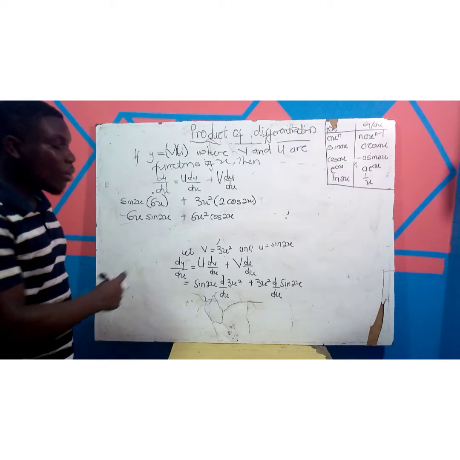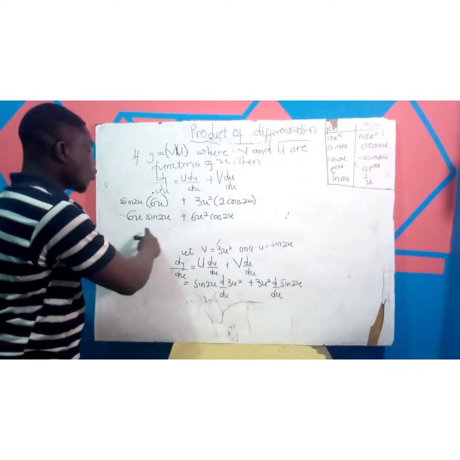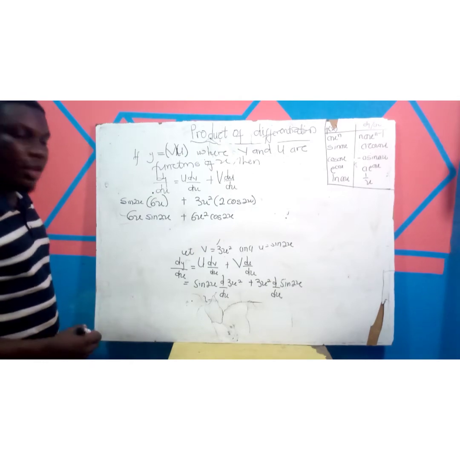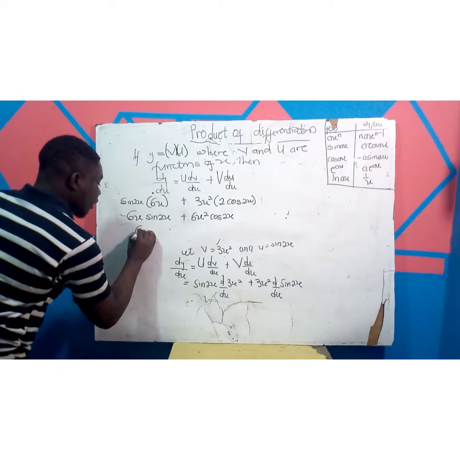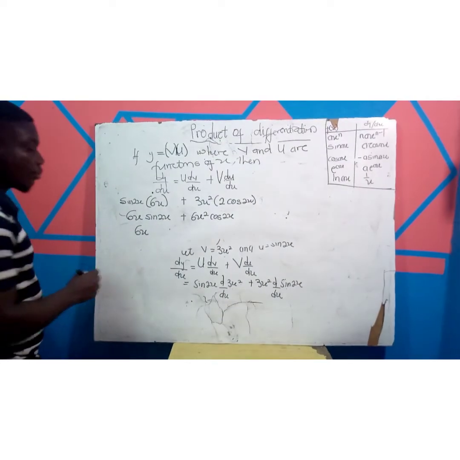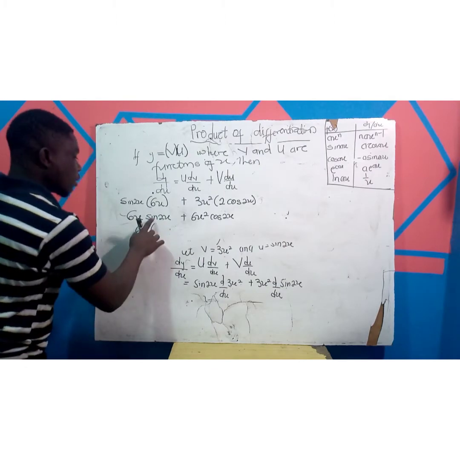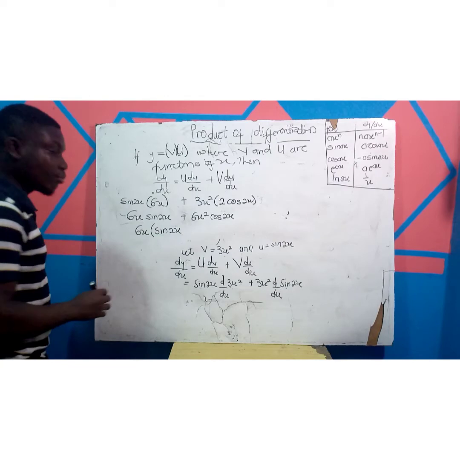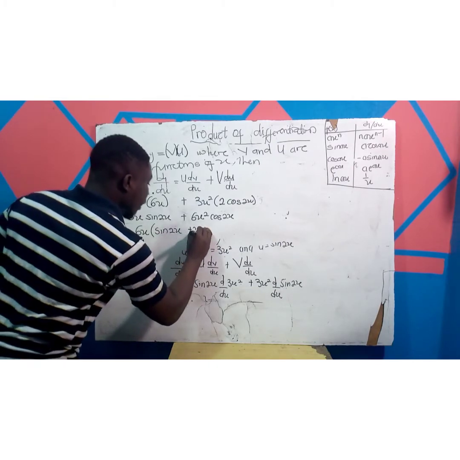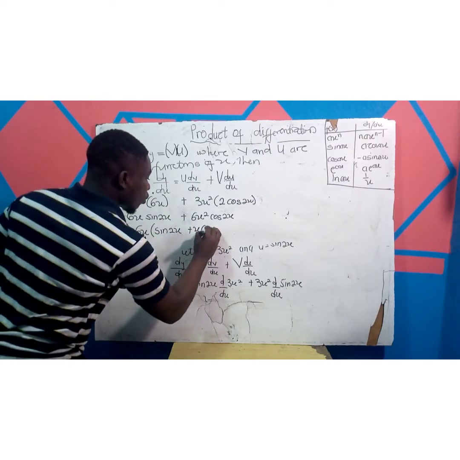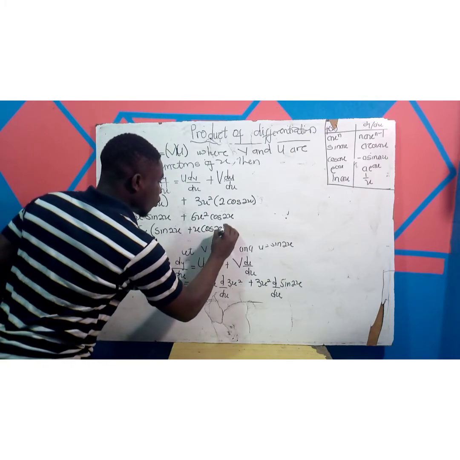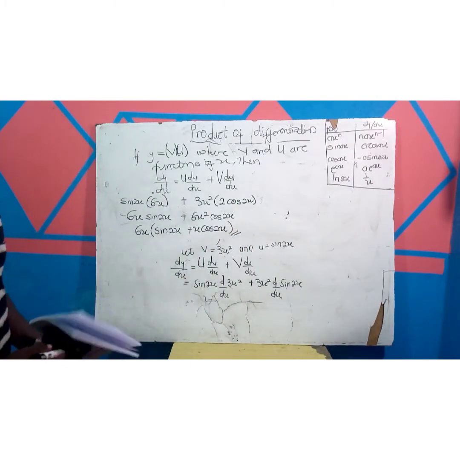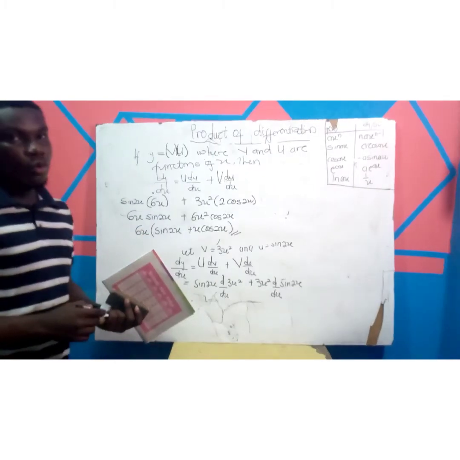Now we see some similarities between these two, so we can do some factorization. Factorize 6x out, and we are left with sin 2x plus x cos 2x. This will be our final answer for example number 1.